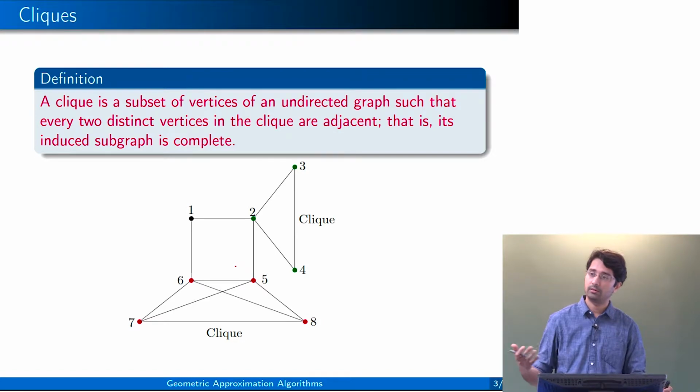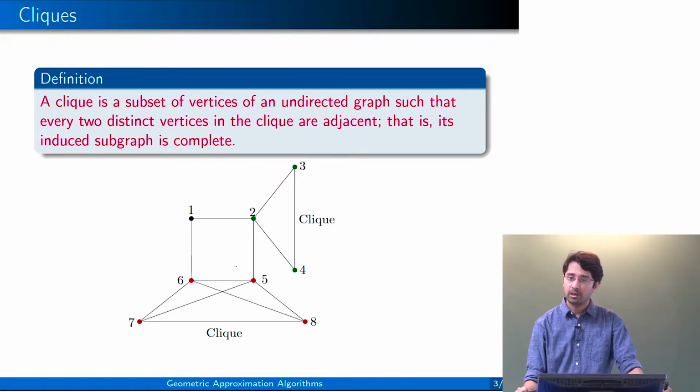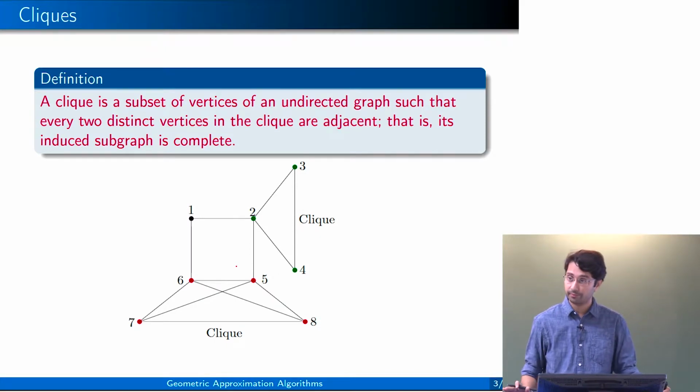This is a famous graph problem: in a given graph, can you find a maximum clique or not? This problem for general graph classes is NP-hard. That means with standard complexity-theoretic assumptions, most likely there is no polynomial time algorithm to find the maximum clique in general graphs.